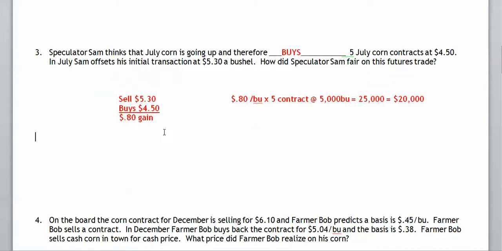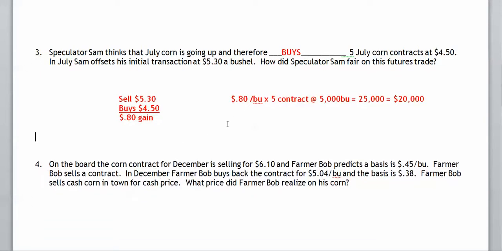Just remember, for every speculator that makes $20,000, someone had to lose $20,000. So the speculator is buying and selling trying to make money from price swings. The farmer has the price swings also in the futures transaction, but they have the physical product, the cash corn that they're going to sell to offset what happens on the futures market.